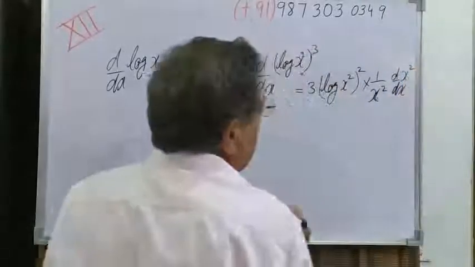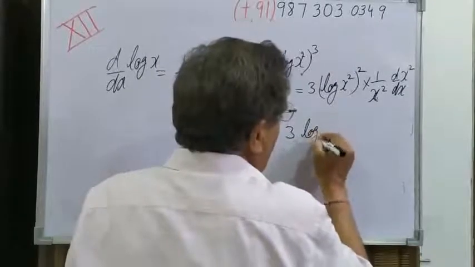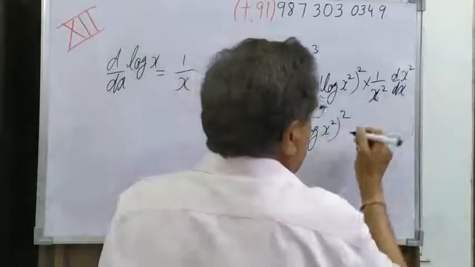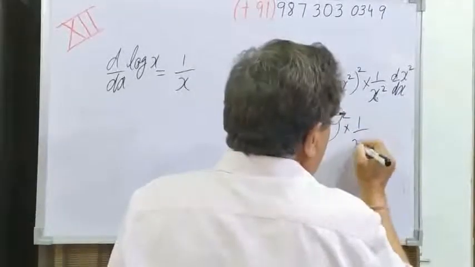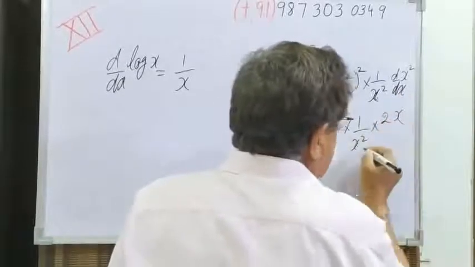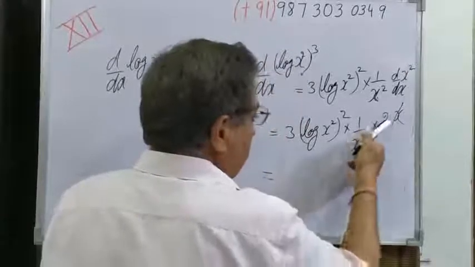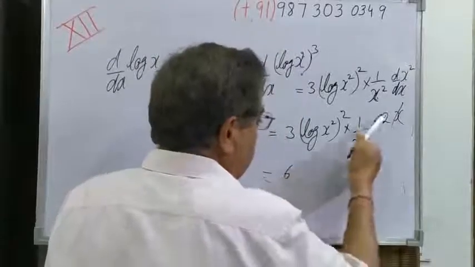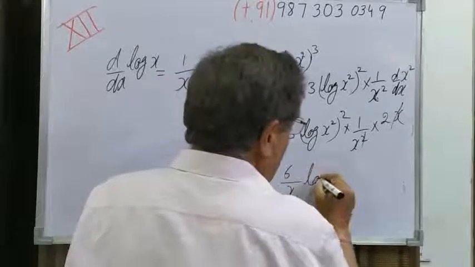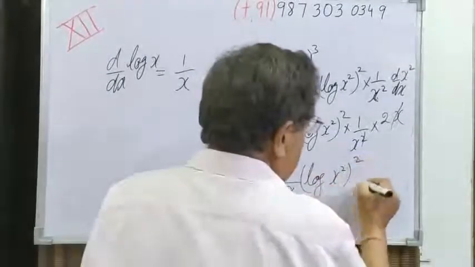So ultimately the answer is 3 log of x squared to the power 2 into 1 by x squared into 2x, and this x gets cancelled. So we get the final value 6 divided by x, times log of x squared whole to the power 2.